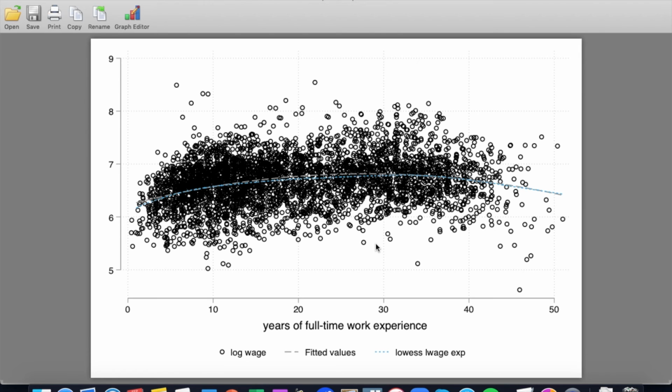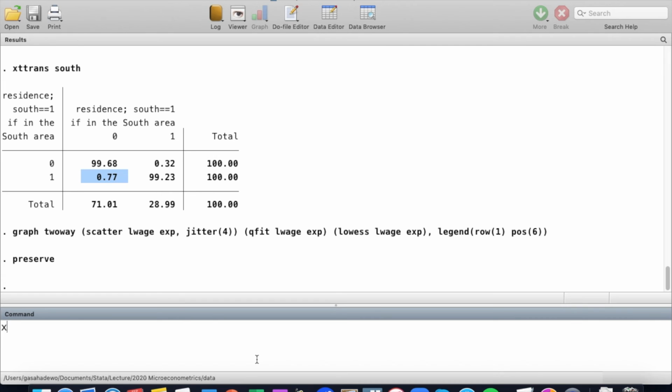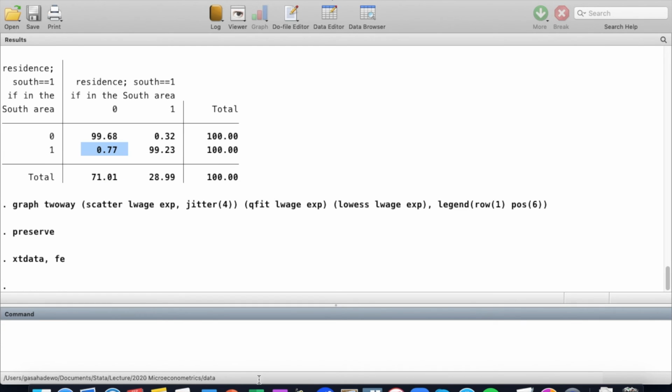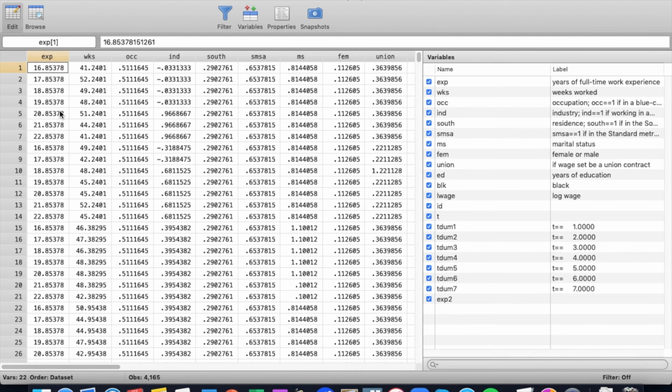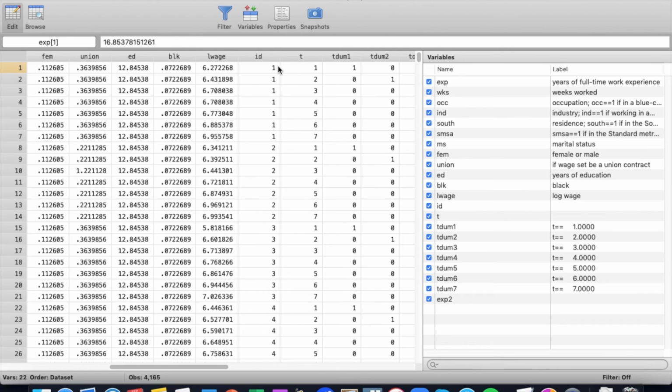What you can do is also a within scatter plot. Since I'm going to make some modification to the data set, I'm going to do preserve and then xtdata, fixed effect. In this particular case, here we have ID 1, which is individual 1 for all time periods.